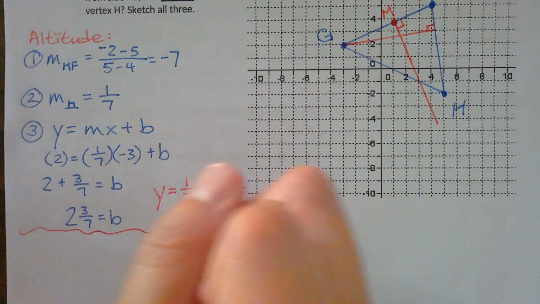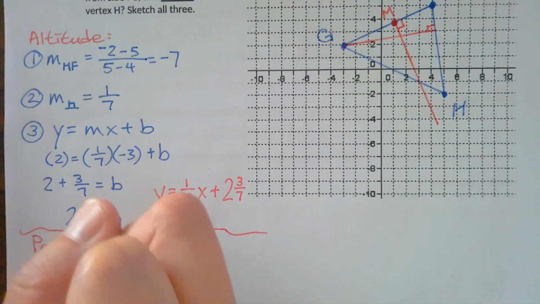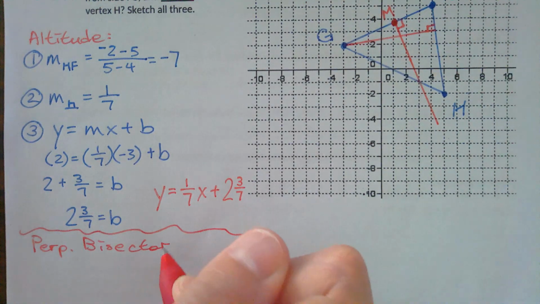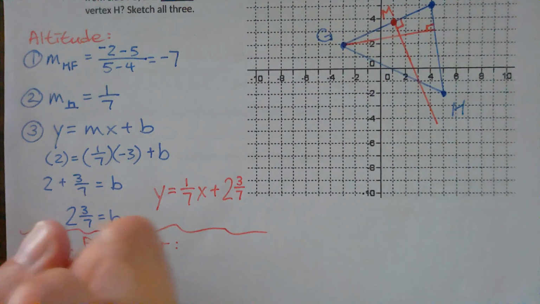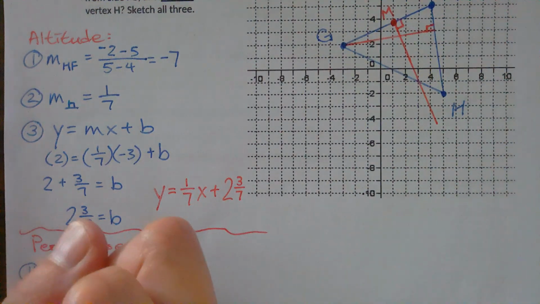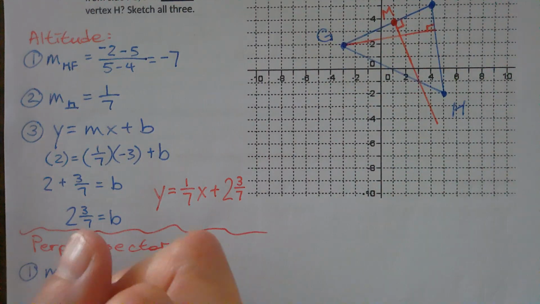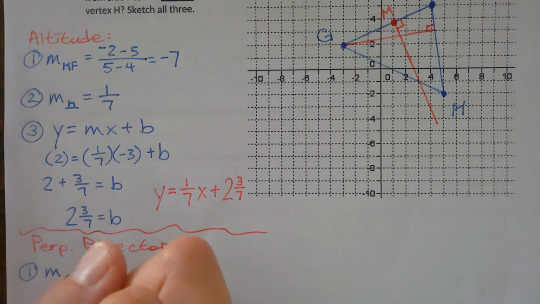Okay, I'll do this quickly with the time that we have left. Perpendicular bisector. So first step, find the slope. Actually, you know what? I'm gonna just set this up for you guys, and then I want you guys to try it. We'll take it up tomorrow. So slope of GF.